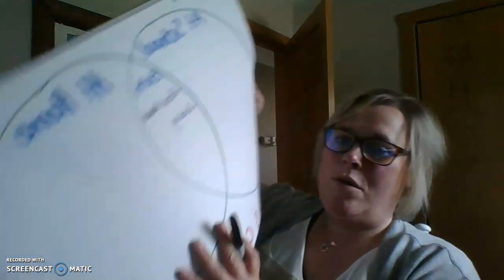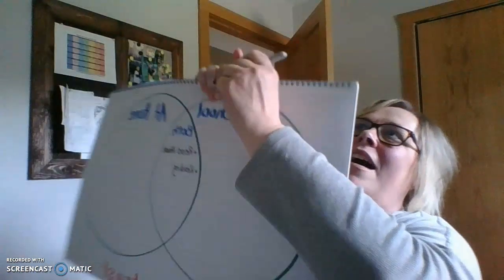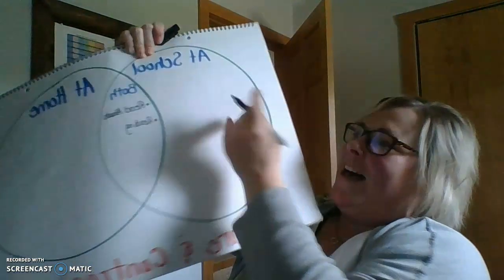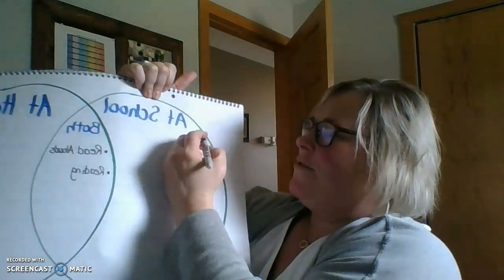Let's switch our gears and think of some things that are different. What's something that just happens in kindergarten that doesn't happen with at-home learning? Something that happened in our classroom. How about giving Mrs. Flatto a hug or greeting Mrs. Flatto at the door every morning with a hug, a handshake, a high five, our morning greeting.